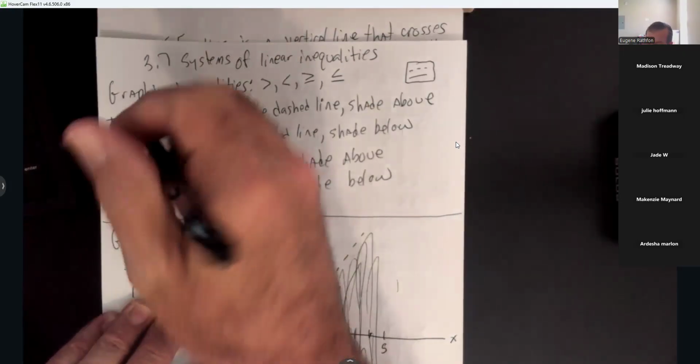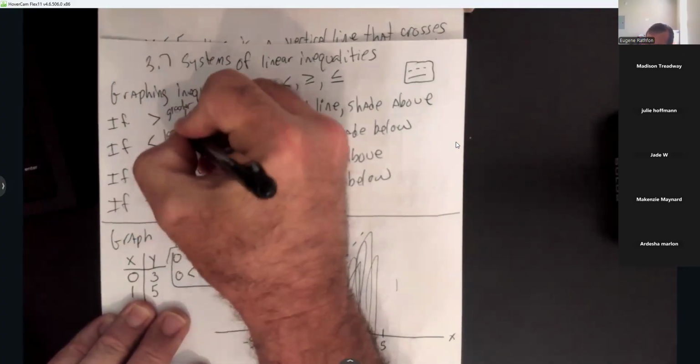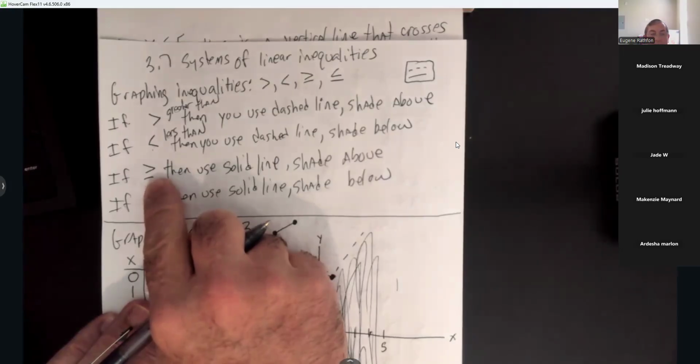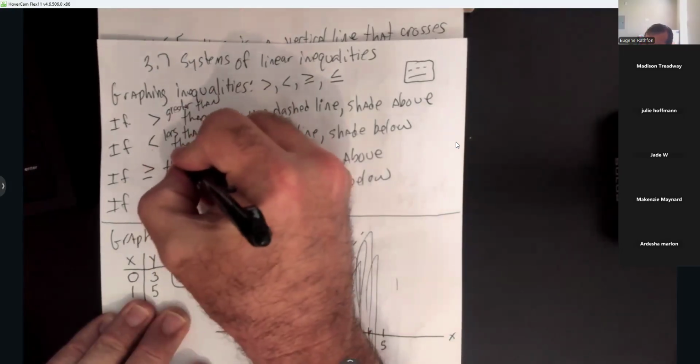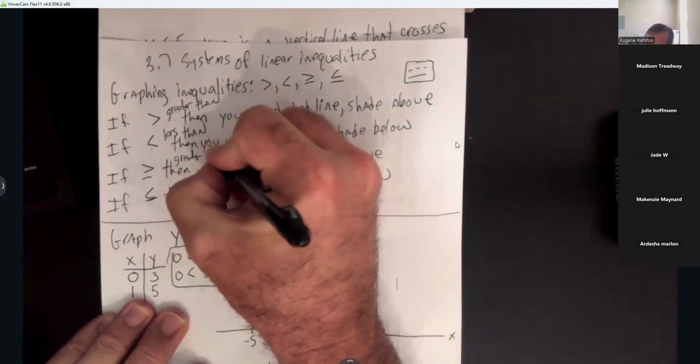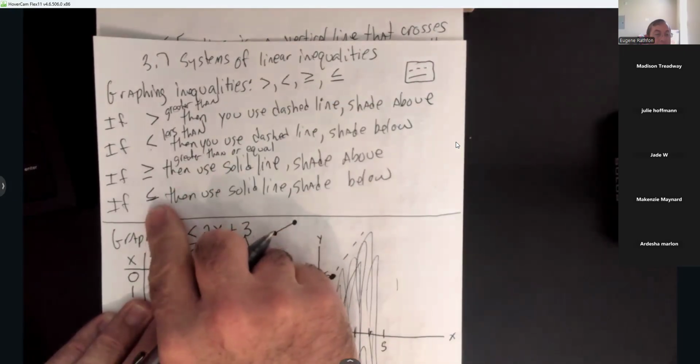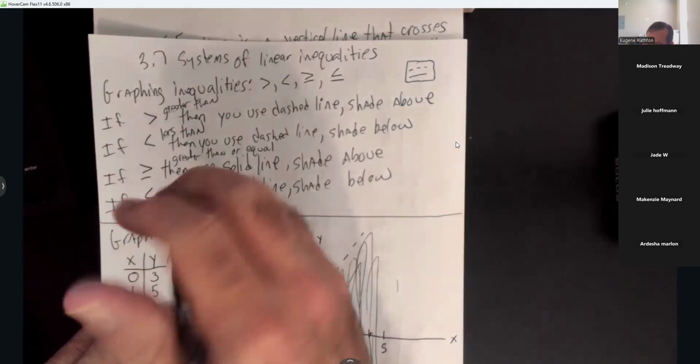This one pointing left would be less than. This one would be greater than or equal. And then this one would be less than or equal.